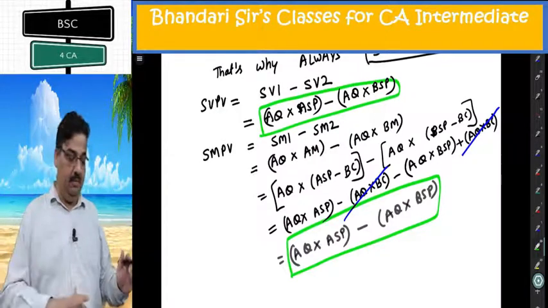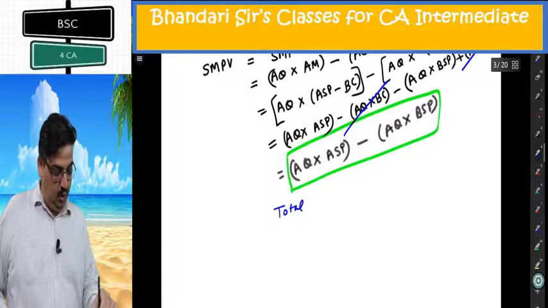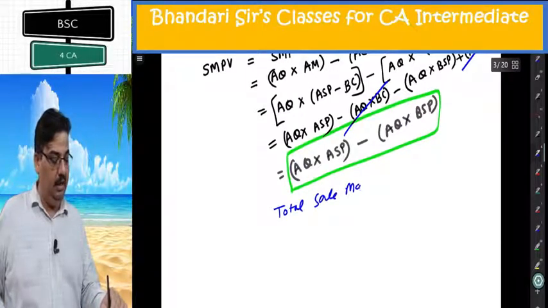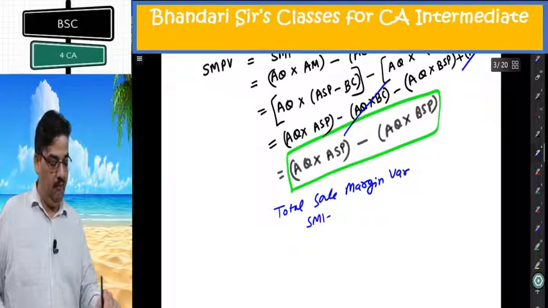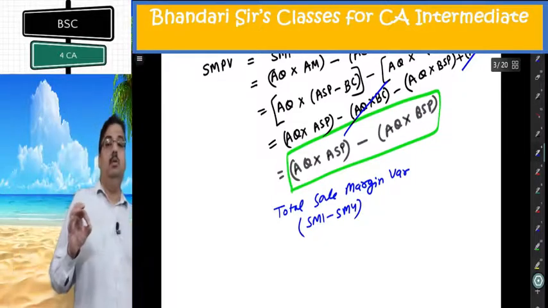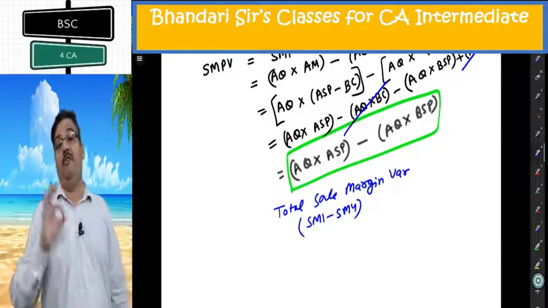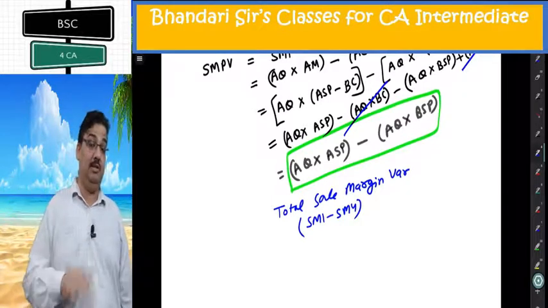The reasons are same. On the top, total sale margin variance, SM1 minus SM4. Why did actual profit differ from budgeted profit if all costs were same? Cost impact is not being considered here.